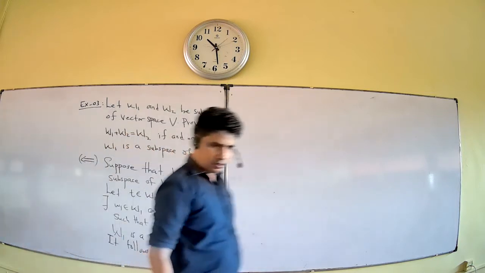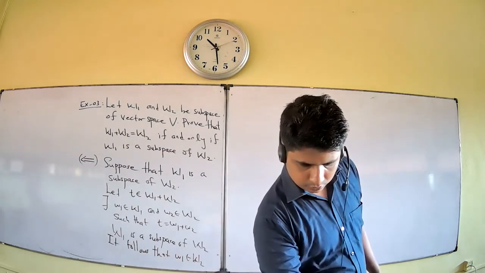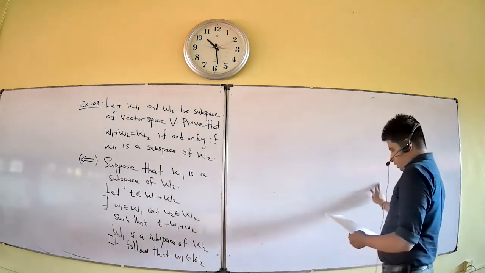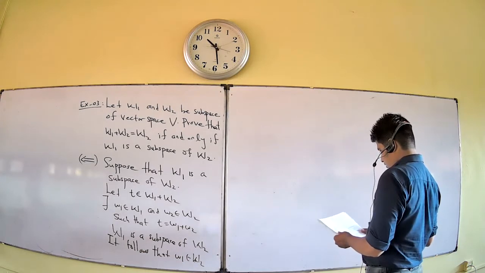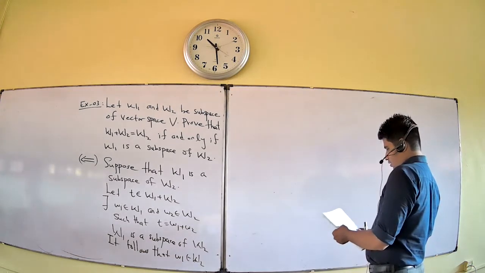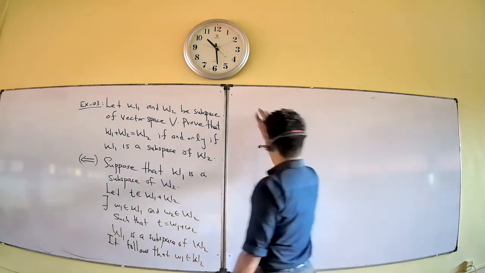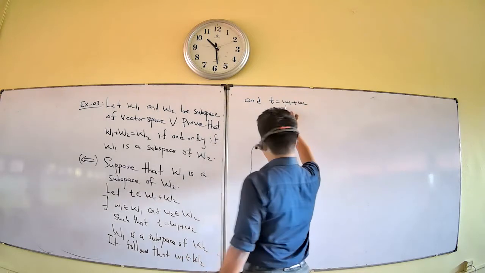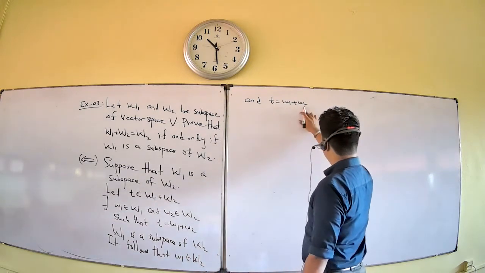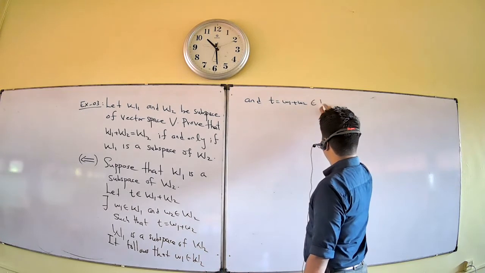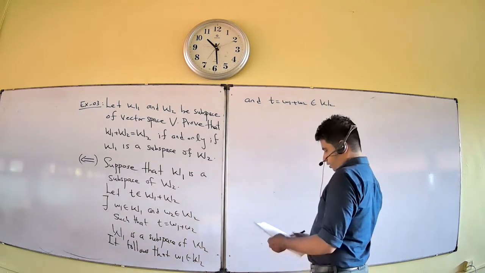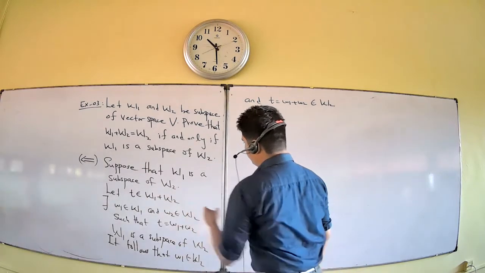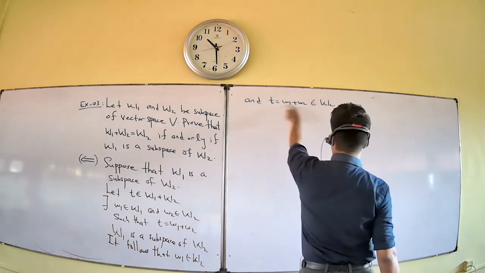Therefore, here you have t equals w1 plus w2. Here w1 belongs to W2, w2 also belongs to W2. So altogether t belongs to W2. This means we take an arbitrary t belonging to W1 plus W2 and prove t belongs to W2.